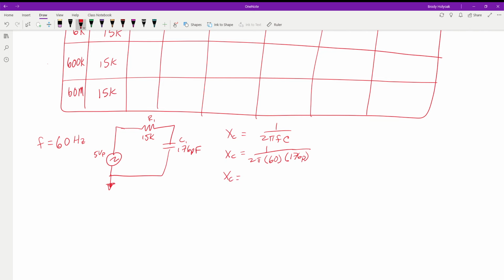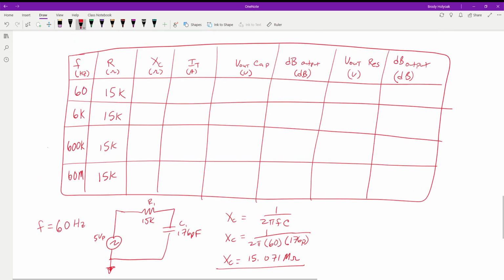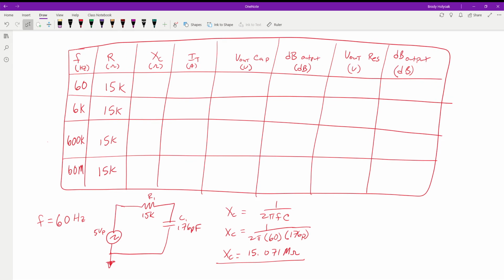That value comes out to be 15.071 mega ohms. Okay, so let's come back up to our chart and add that in. So our X of C value is 15.071 meg.